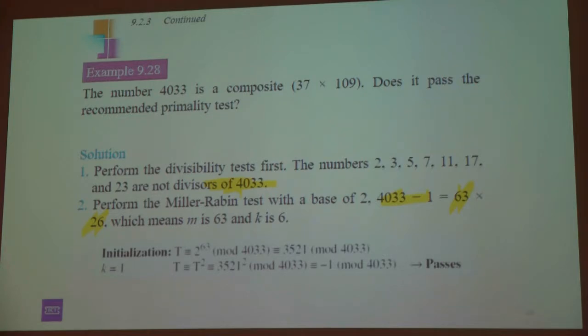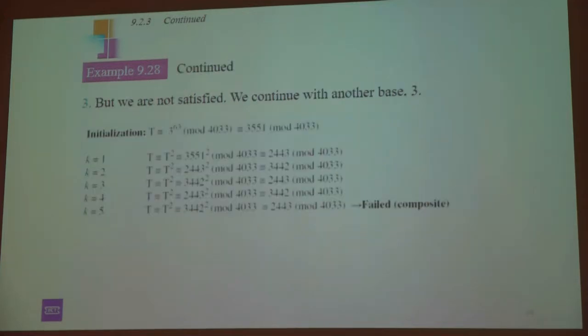Which means m is 63 and k is 6. When you do it, after the first iteration it gives you minus 1. That means it passed the test. So it passed the test twice, with the divisibility test and with the Miller-Rabin algorithm, but it wasn't prime.